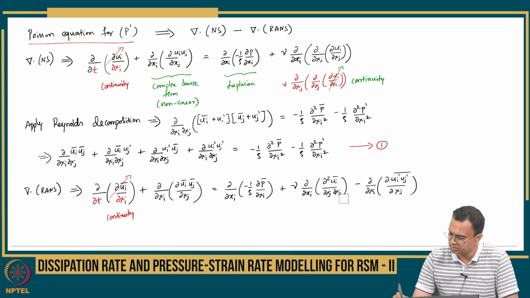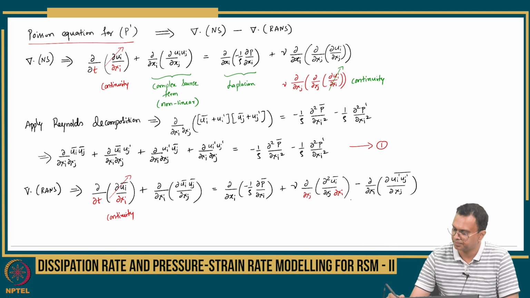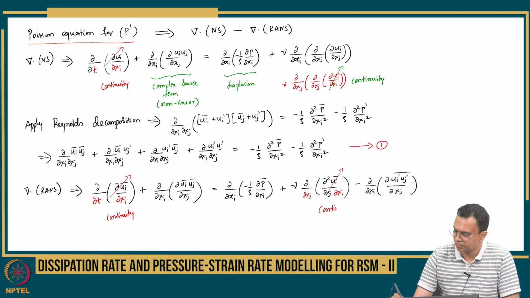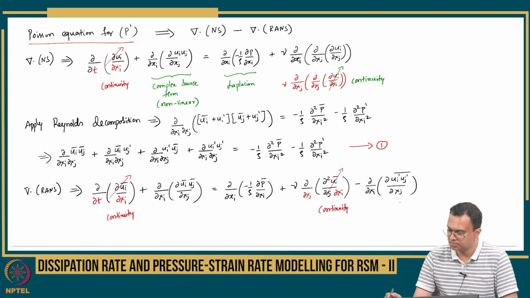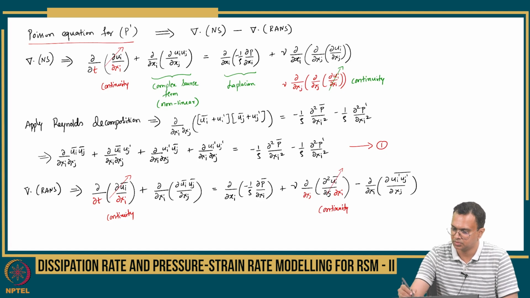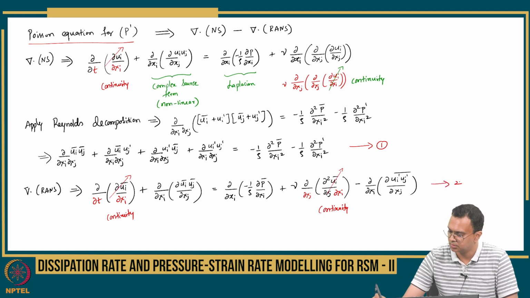So I can say this is dou xi here and this is dou xj, again this goes to 0, same as previous argument, continuity. So 3 terms survive here. Okay. So this is my equation 2.